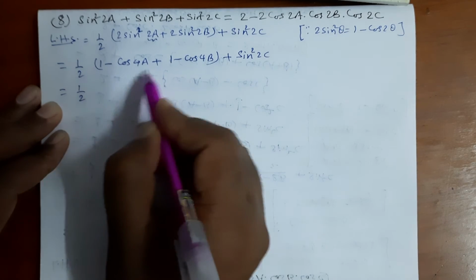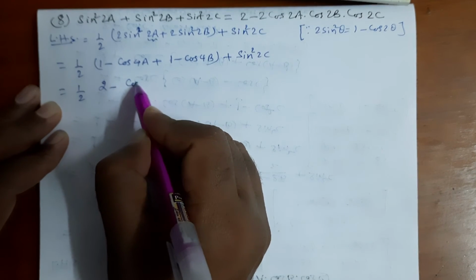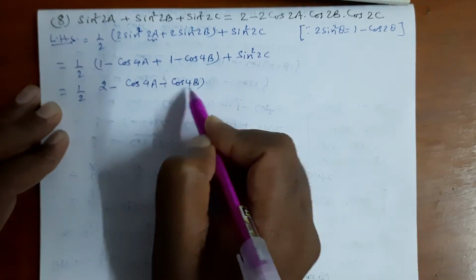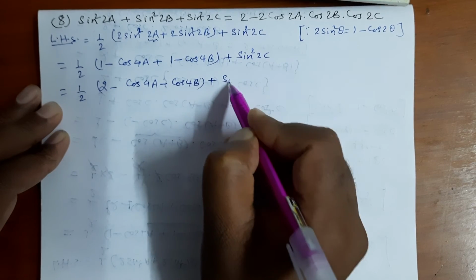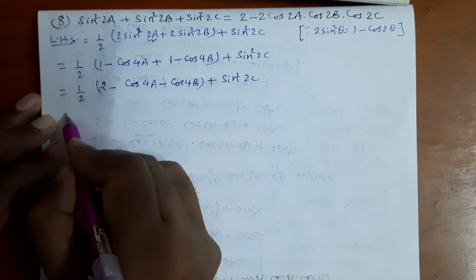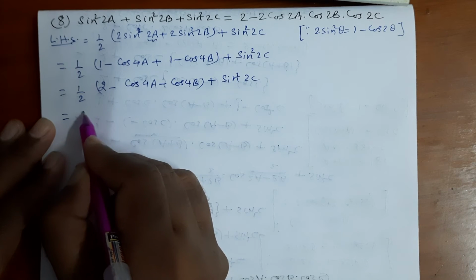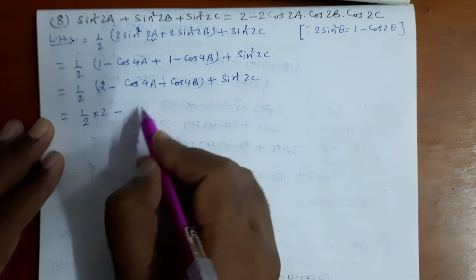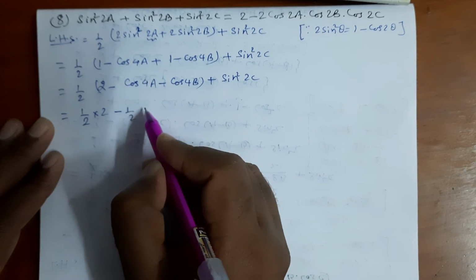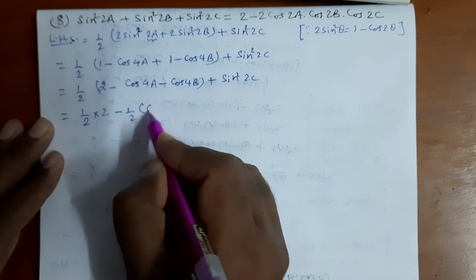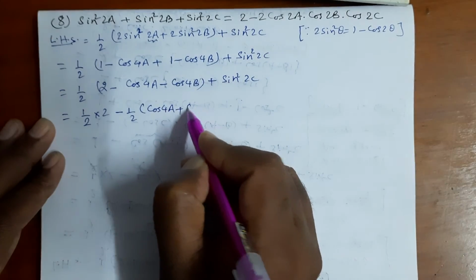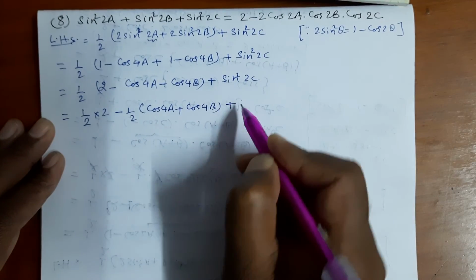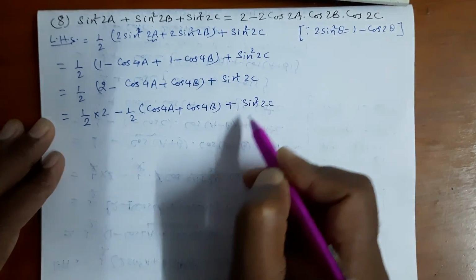So 1 over 2, 1 plus 1, it will be 2 minus cos 4a minus cos 4b plus sin square 2c. The 1 over 2 multiplies both, and minus common can also be taken at the same time. So cos 4a plus cos 4b, and at last we have sin square 2c.